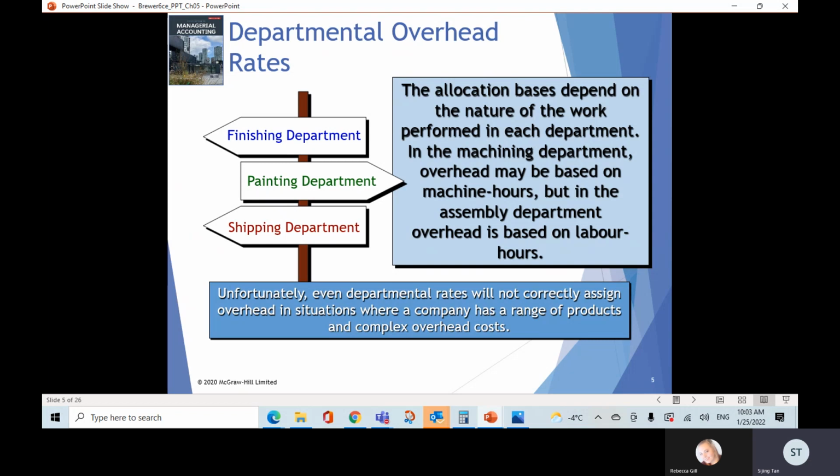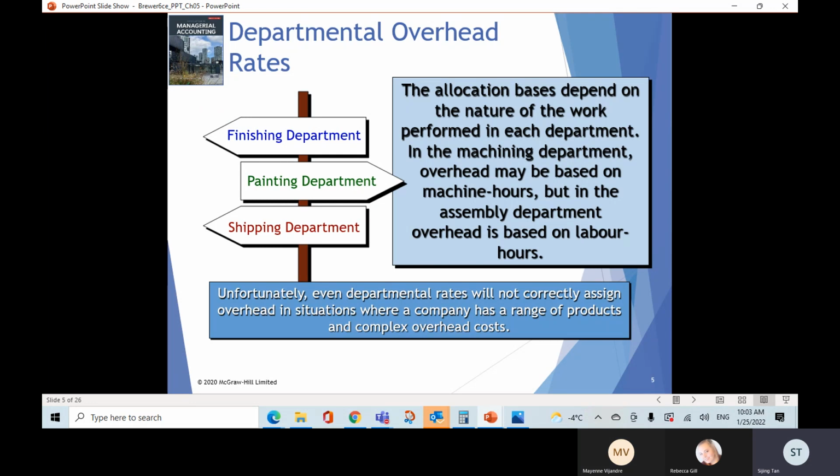Overhead cost in the assembling department may be allocated using direct labor hours. So it's different, right? Some different examples of activity bases could include the number of customers served in a pizza store, the number of patients treated in a hospital, or the number of cars served in a workshop. Those are different kinds of activity bases.